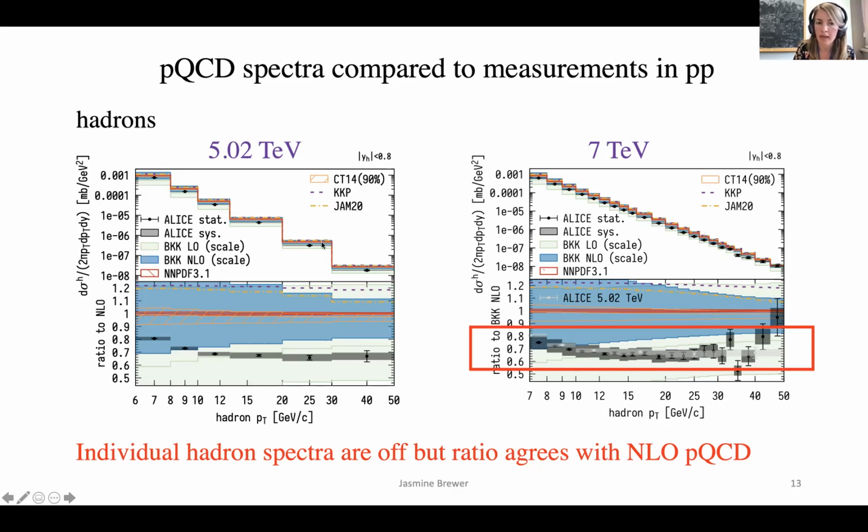The top are the spectra themselves, and the bottom panel is the ratio of the spectra to the next to leading order perturbative QCD results. What you first see is that these measured data by ALICE, shown in gray, don't agree very well, with about 20% differences with respect to the next to leading order perturbative QCD calculation. That's what you see in this ratio.